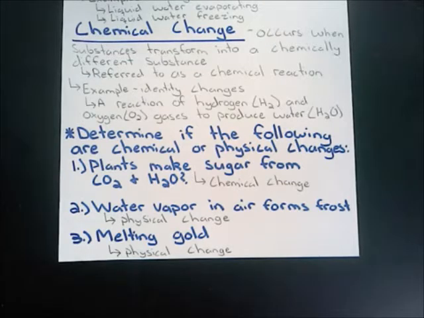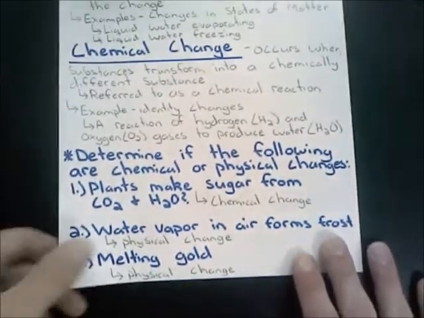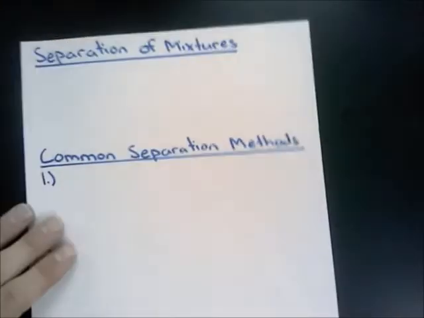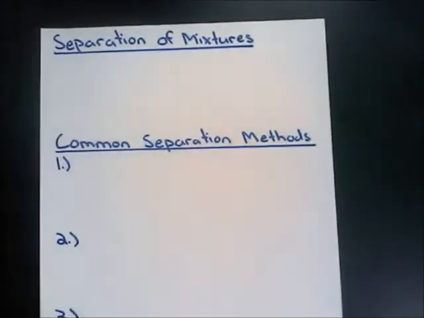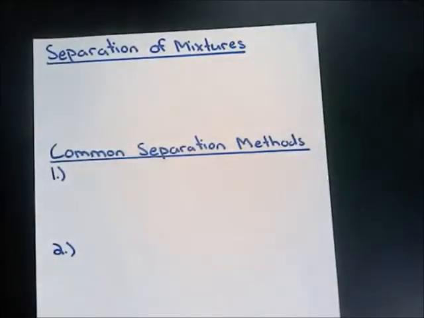Now that we have some ideas behind changes, we can get into what we can actually do with these things that we know, and that is separate mixtures. Most things don't often come as a pure substance in the world, and so to obtain that pure substance we have to separate the mixture into its individual parts.